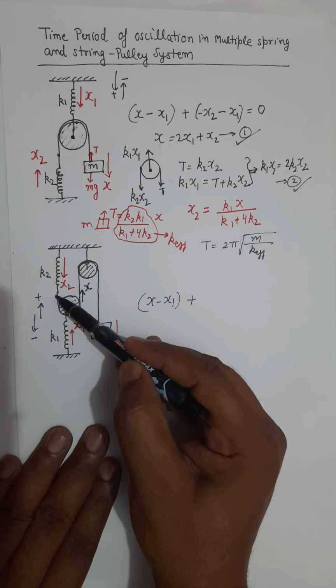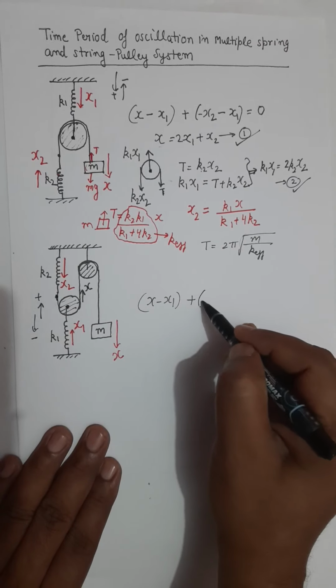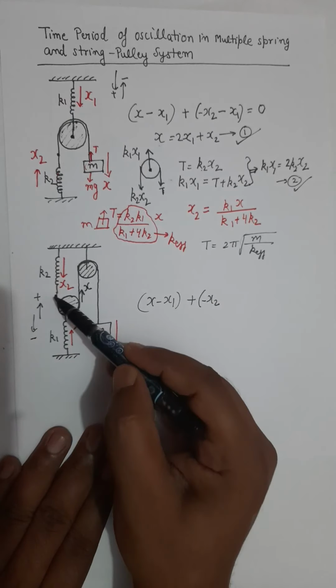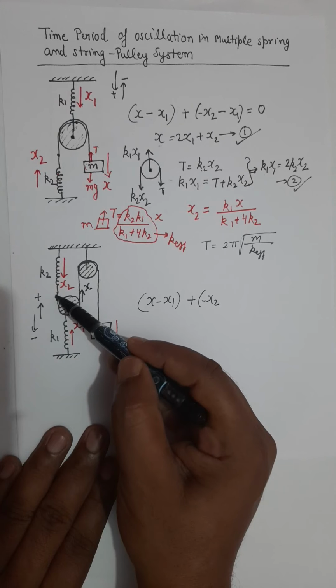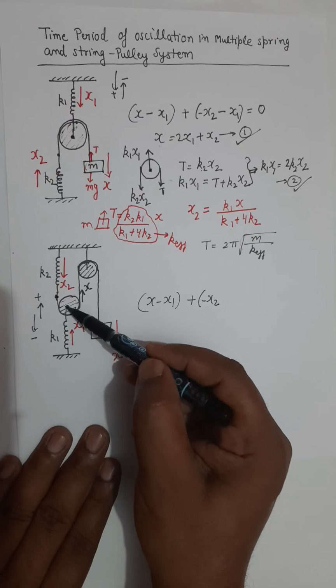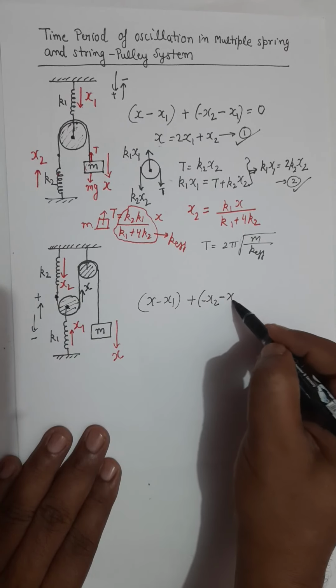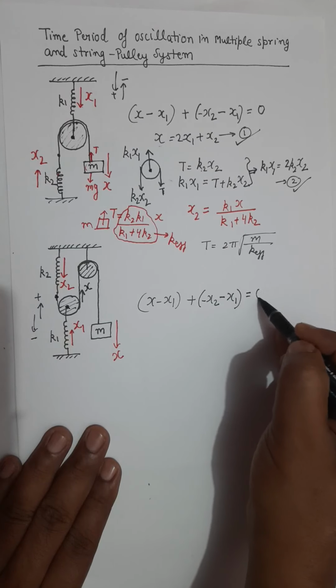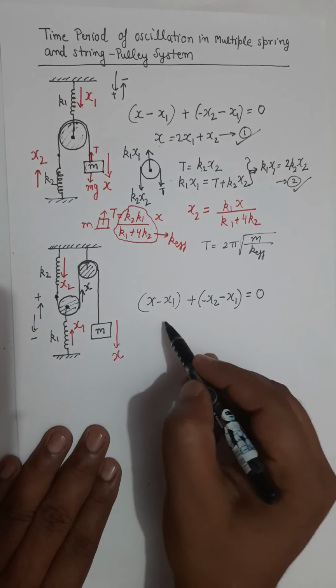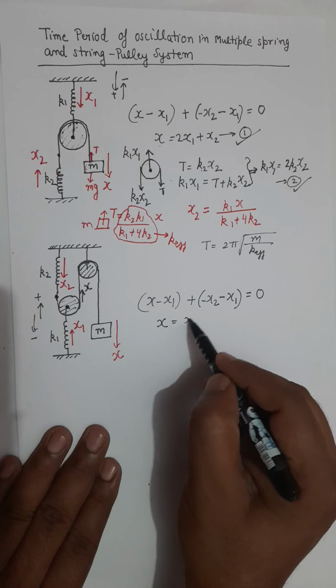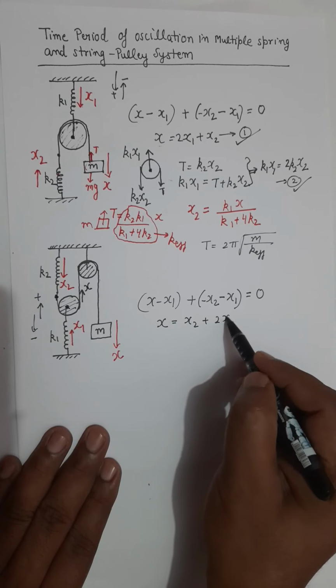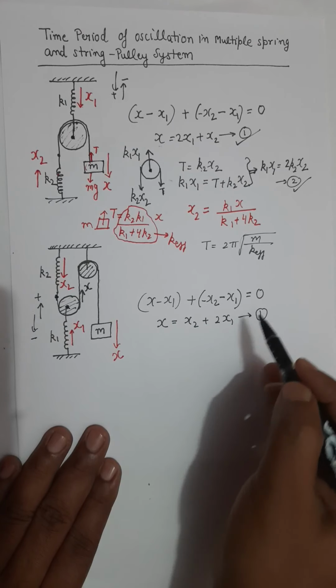So this string which is moving in the downward direction is having a displacement of minus x2, and when we calculate it relative to the center of pulley, I have to subtract x1 from it, and I will put it equals to 0. So here the constraint equation will be x equals x2 plus 2 times x1. That's my first equation.